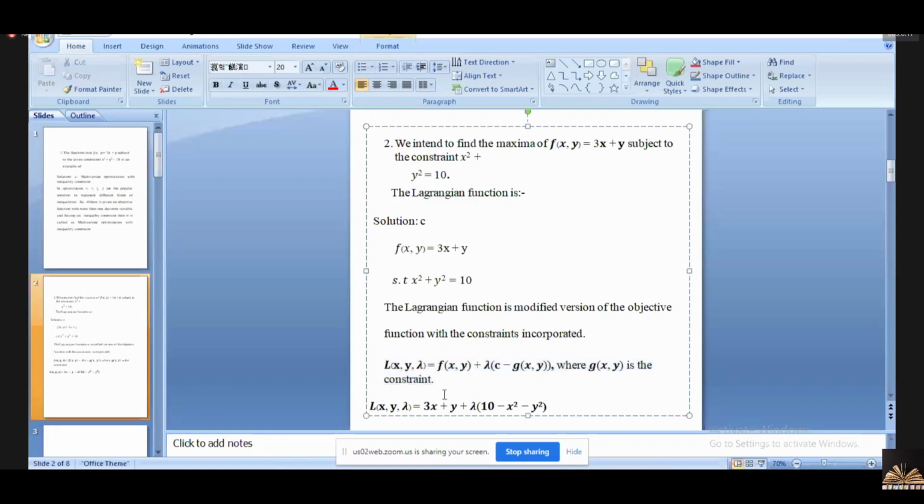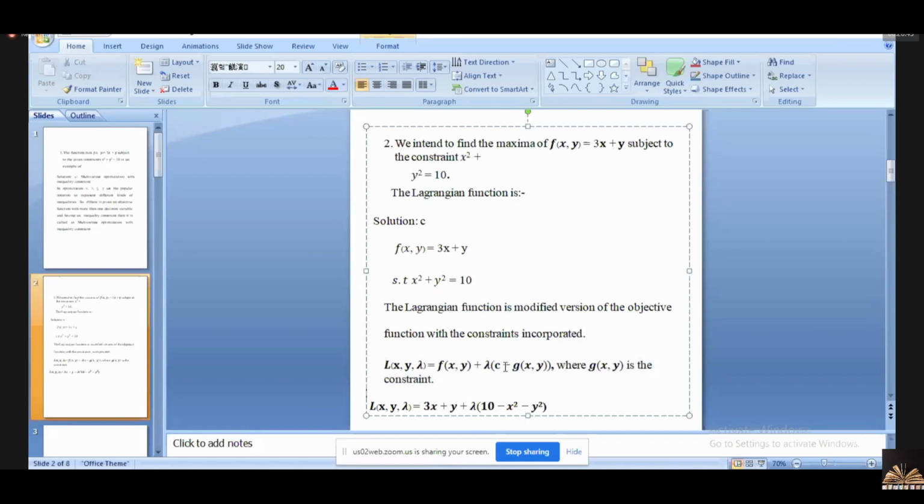So L of x comma y comma lambda, where f of x comma y is given as 3x plus y, is 3x plus y plus lambda of, what is c here? Constant 10, minus g of x comma y. g of x comma y is x square plus y square.